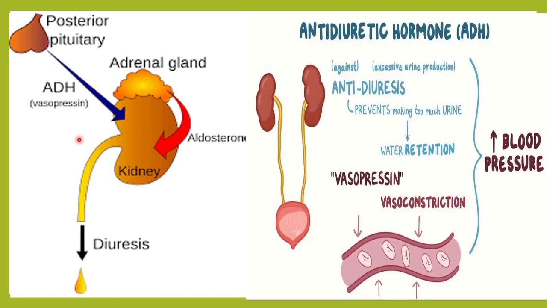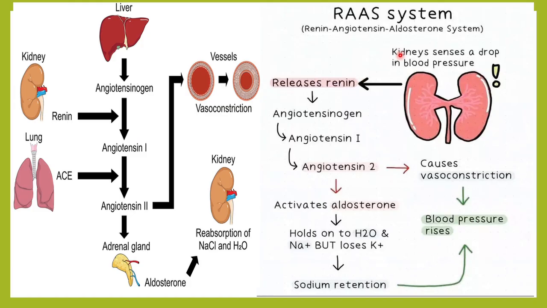So you all know that sodium is controlled by many hormones in our body. It can be antidiuretic hormone, which will prevent diuresis, so it will retain the sodium, retain the water, and increase the blood pressure. It could be the renin-angiotensin system, wherein whenever there is a drop in blood pressure, renin is released from the kidney.